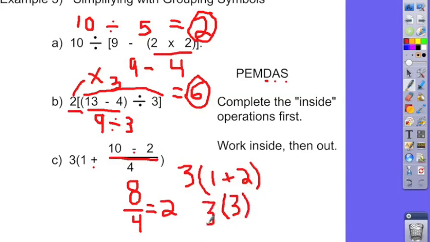And then we have our 3 from the beginning that was outside the parentheses. Now you know when these two are next to each other, separated only by that grouping symbol, that indicates that we need to multiply. So this is essentially 3 times 3, which is going to simplify to 9. So our total value of our expression is 9 here.